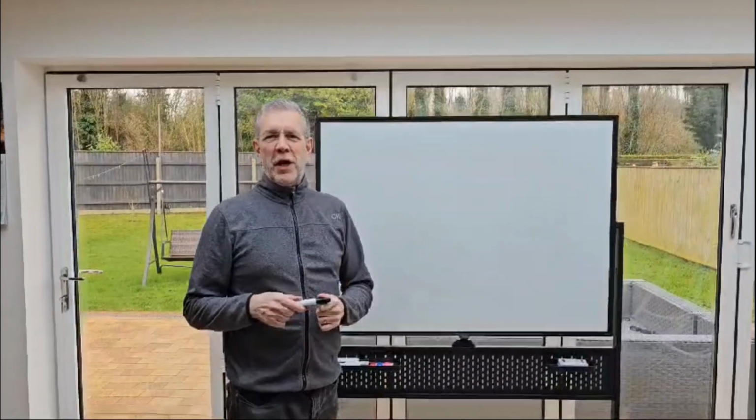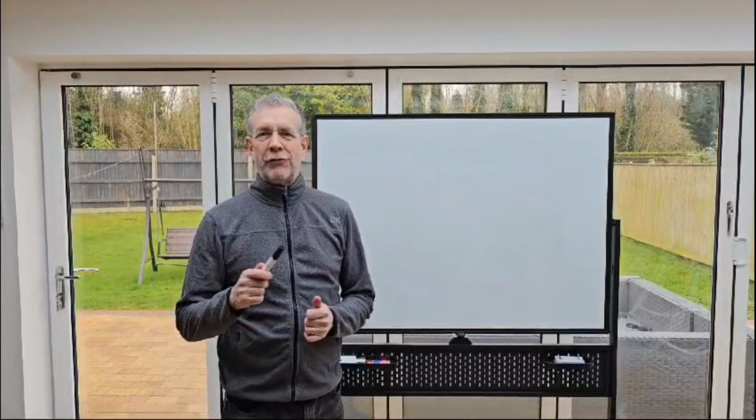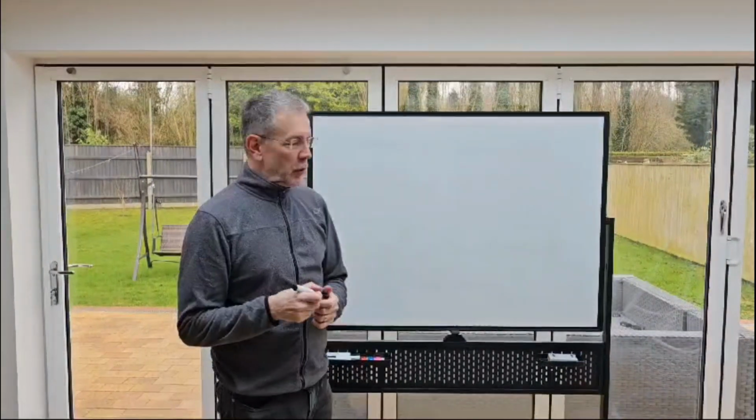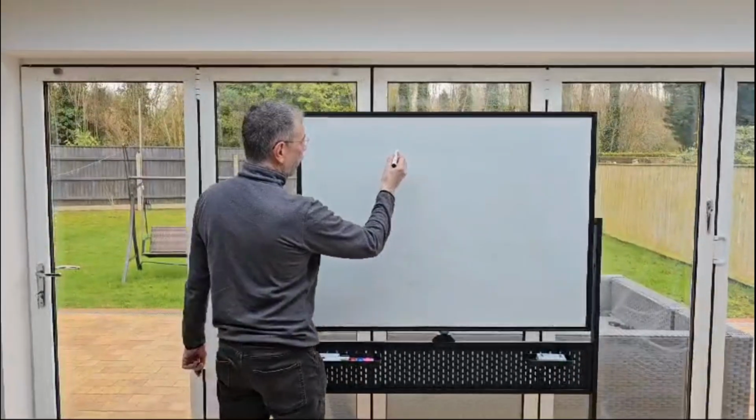Hi and welcome to this video on the BGP next hop self command and why we require it. So let's give you a quick scenario. We're going to draw two ASs here.